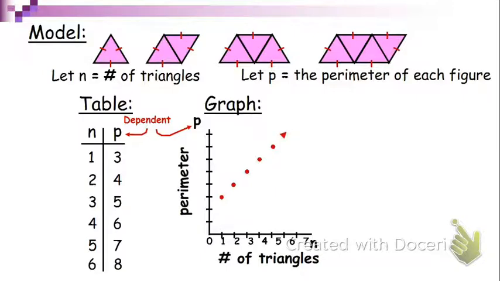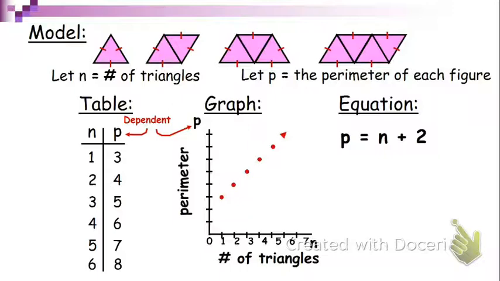And if you continue going on and on, your little dots would keep going if you kept expanding your graph. So we don't have a line because we don't have partial triangles. You don't have like a 1.5 triangle or anything like that. So you just have the dots for this one. Our equation then, if we had to figure out the rule, would be that P equals n plus 2.